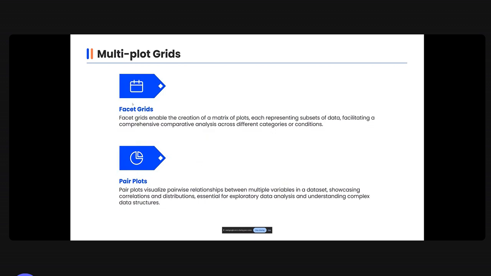You have something called facet grids, for creating a matrix of plots, each representing a subset of data, facilitating a comprehensive comparative analysis. And pair plots, which are used when we are doing bivariate analysis. Like I said, exploratory data analysis, EDA: we have univariate and bivariate.